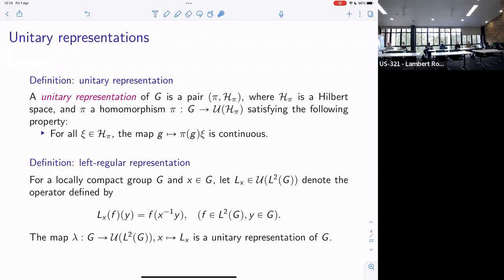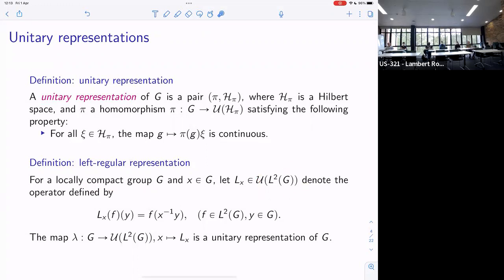And a prototypical example of a unitary representation of a locally compact group is the left regular representation. So when we have a locally compact group G, every locally compact group has a Haar measure, and so we can integrate functions on that group.